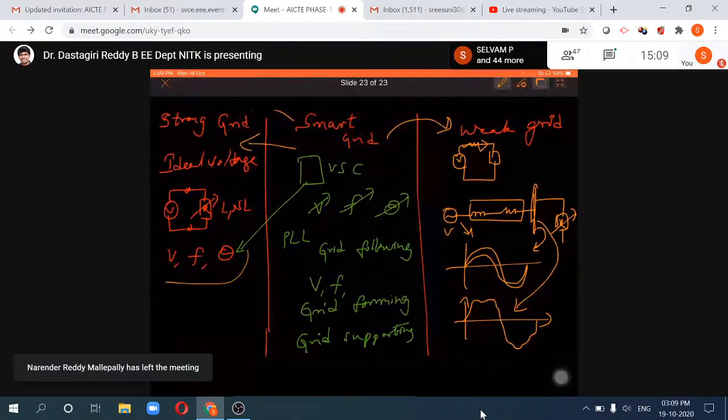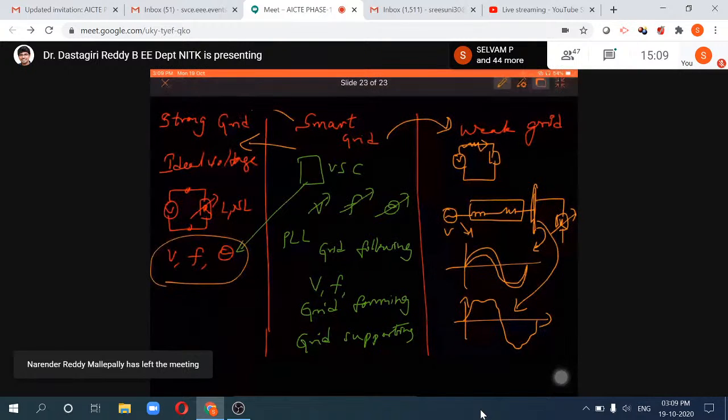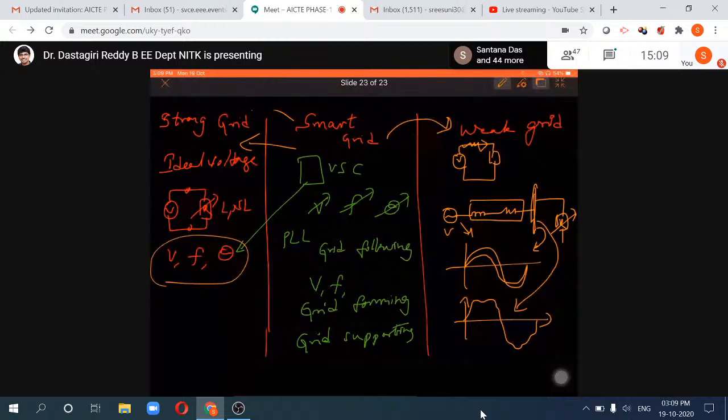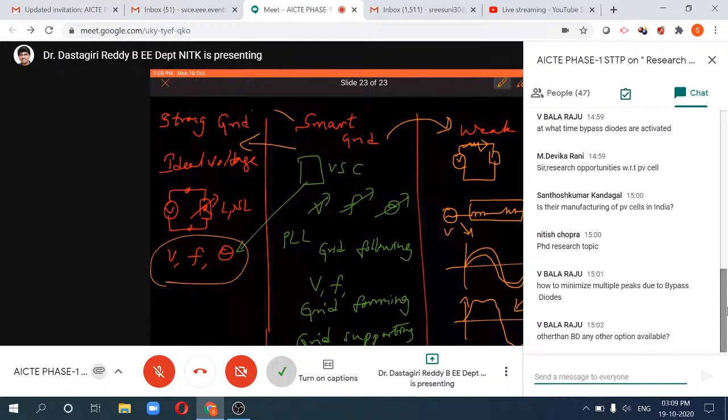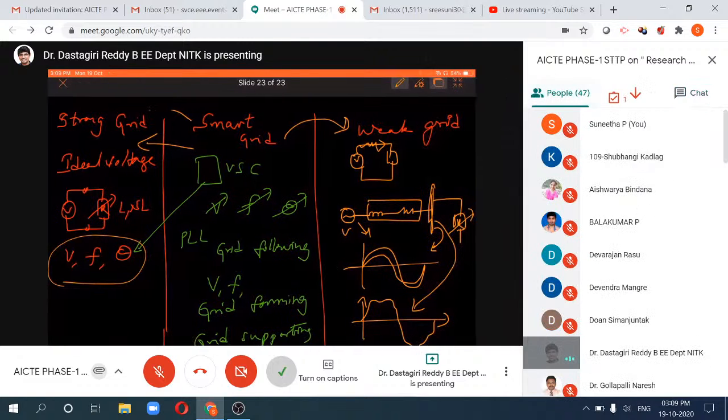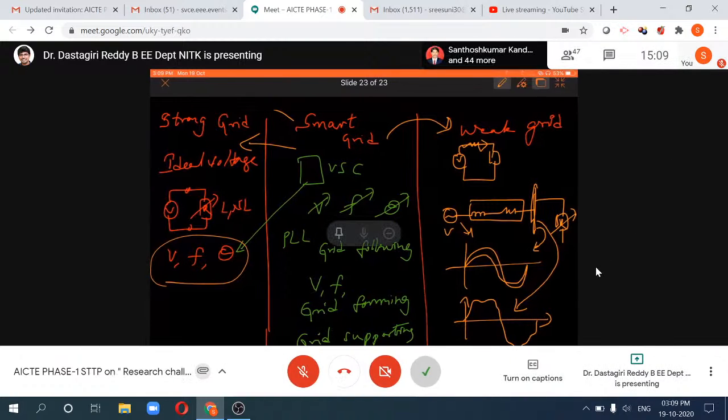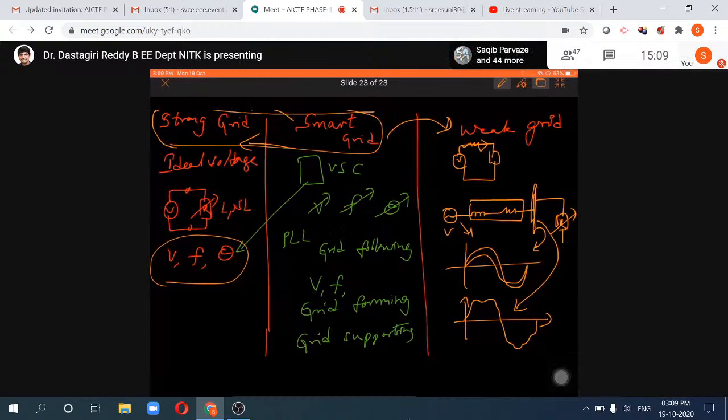You cannot change the voltage, frequency, and theta, whatever may be the load. Whether you take power or inject power, no issues with that. You can always do that. But most of the research is saturated in this range.